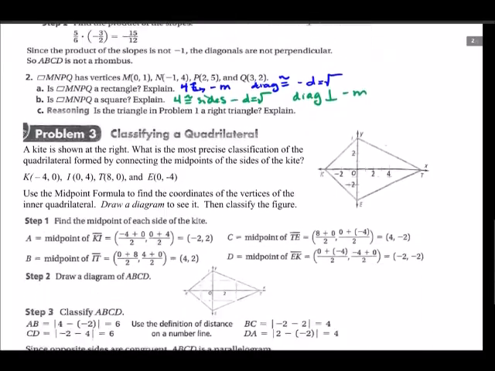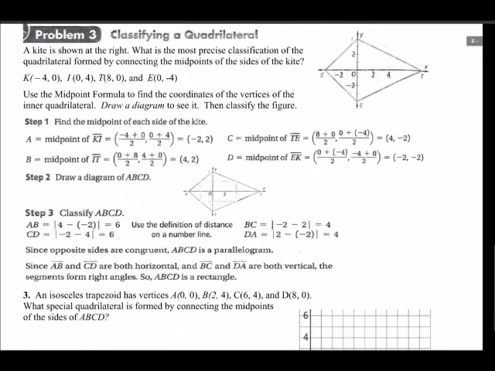All right, here, problem 3, classifying a quadrilateral. So we are told we have a kite. What is the most precise classification of the quadrilateral formed by connecting the midpoints of the sides of the kite? We want to connect the midpoints. So the first thing we're going to do is use the midpoint formula to find the vertices of the inner quadrilateral.